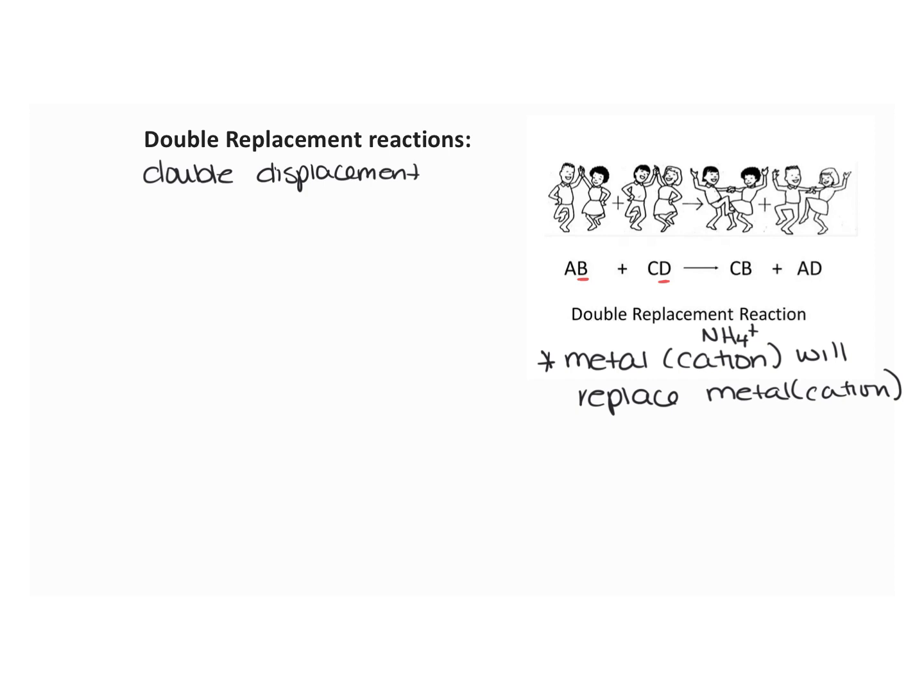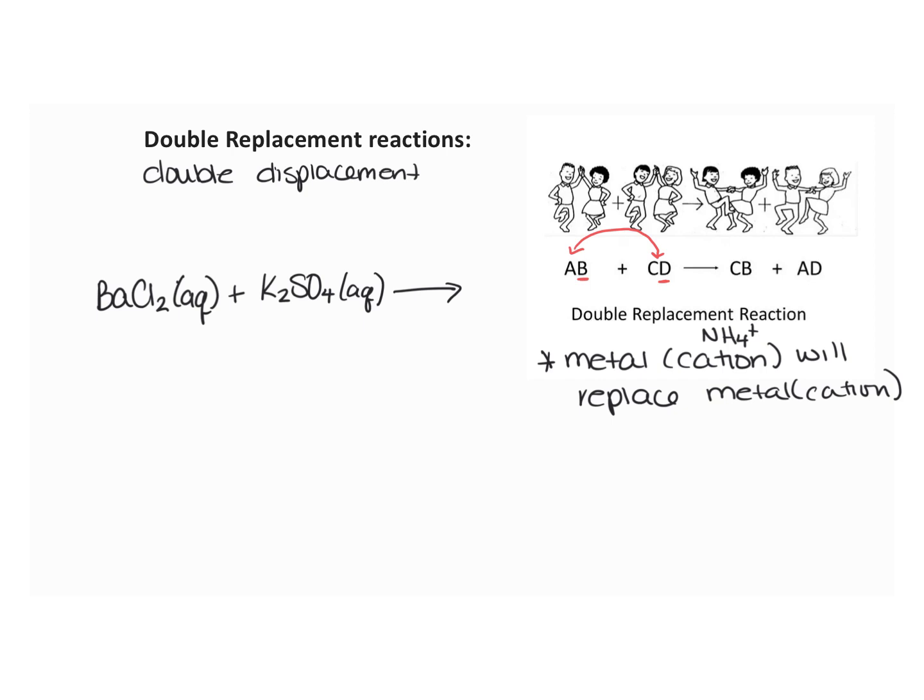You keep them there. And then the only thing you do is you switch this guy and this guy, okay? So you just switch the first things that come along. So let's look at an example of that. We've got barium chloride reacting with potassium sulfate. And we want to predict the products of a double displacement reaction.